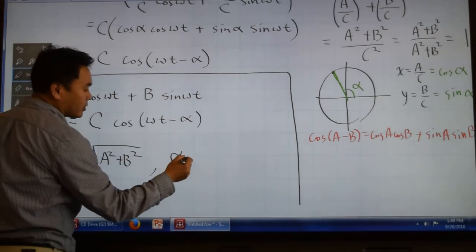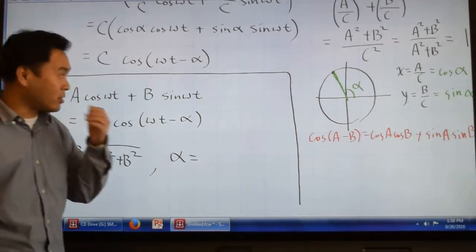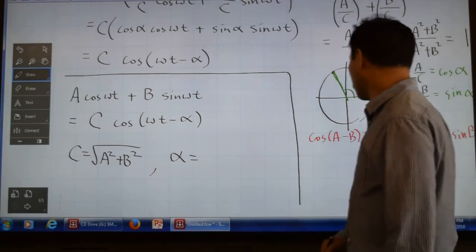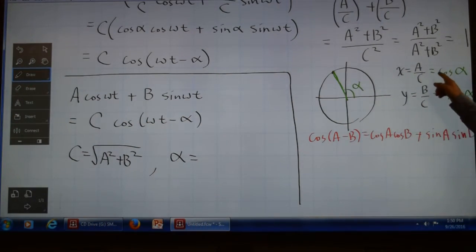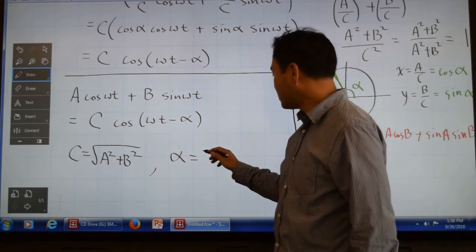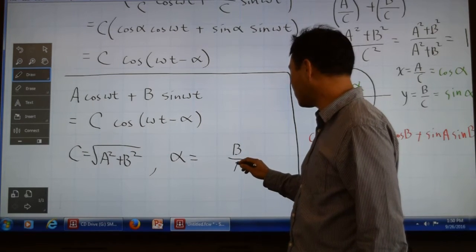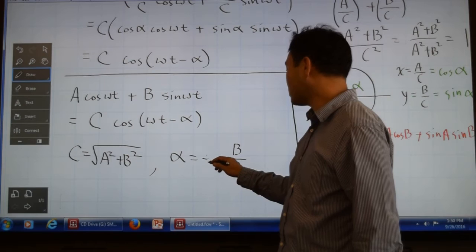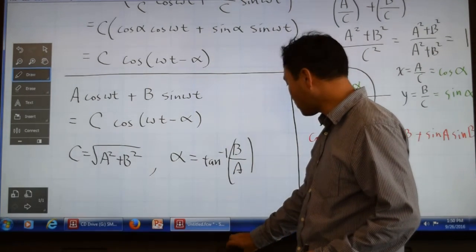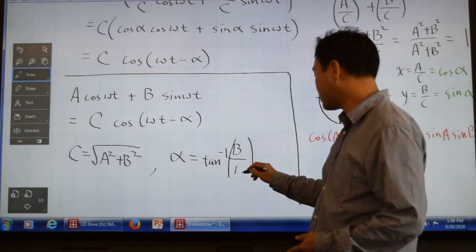And alpha, well, you can get it from this diagram, but here's a more efficient way to get it. See, it's like B is the sine and A is the cosine, right? So you can divide B sine over cosine and take the tangent inverse. So that's the formula for getting this angle alpha.